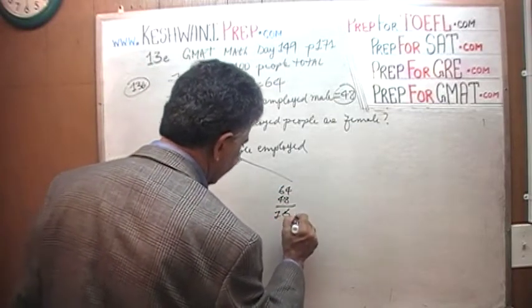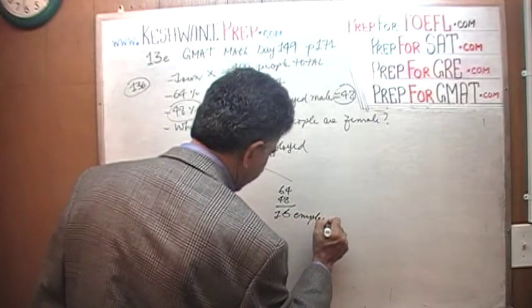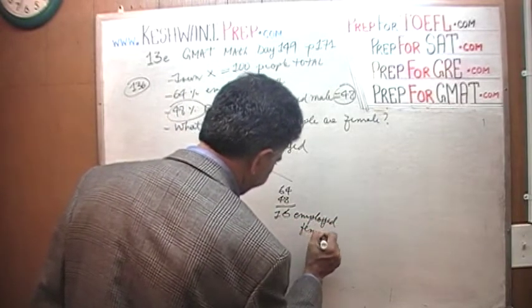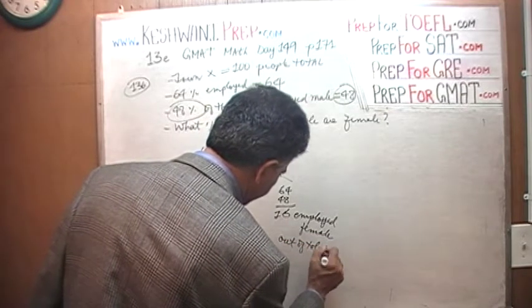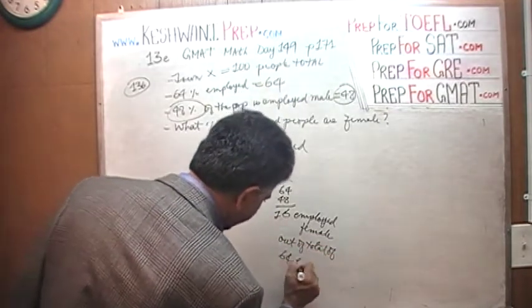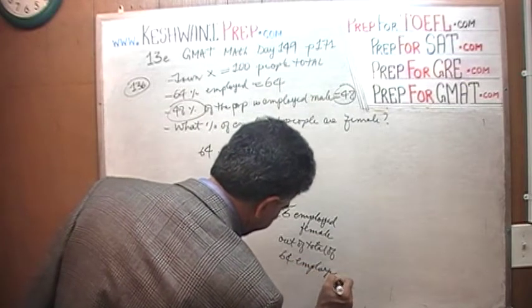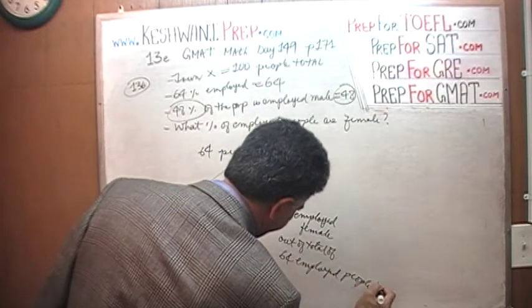So there are 16 employed female out of a total of 64 employed people. That is the tricky part.